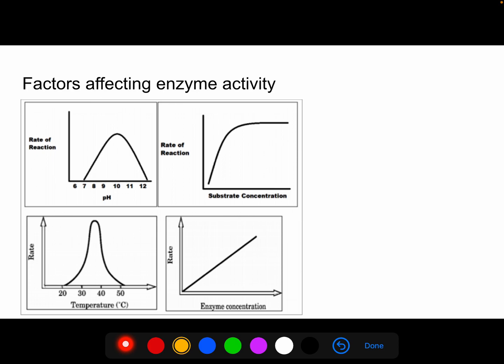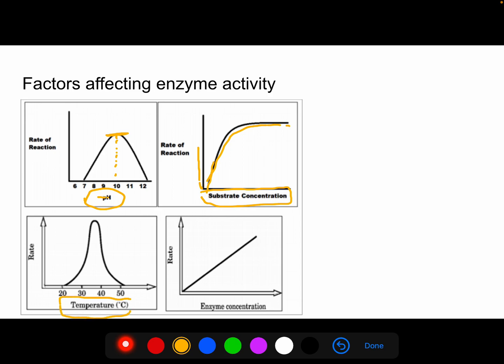So there are different factors affecting the enzyme activity. pH is a very important factor. Different enzymes have different pH requirements. So for this one, it requires pH 10. That's the optimum pH at which it can function. And substrate concentration. So the more substrate you have, the more reaction you will have, up to a certain point.